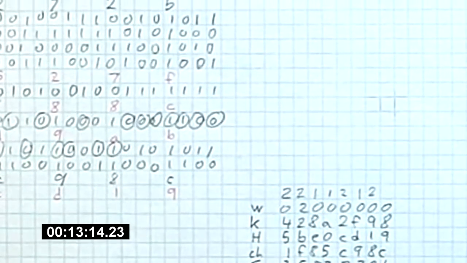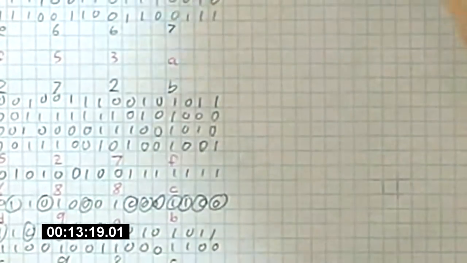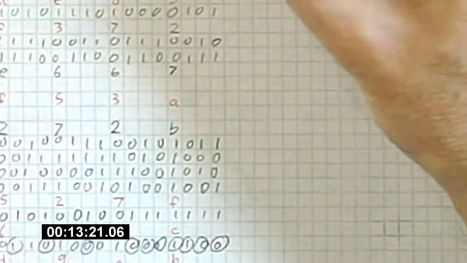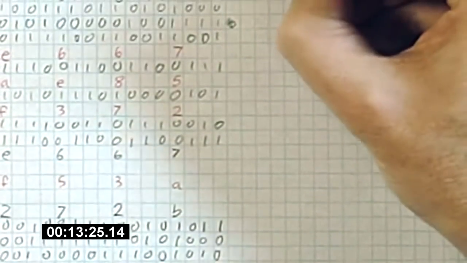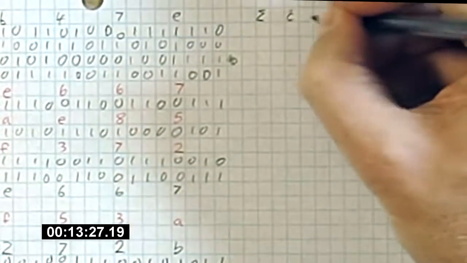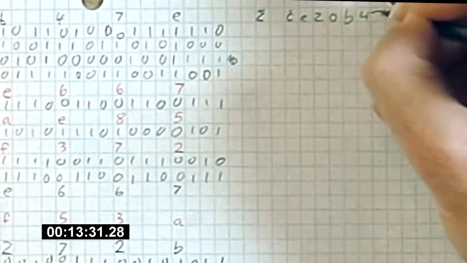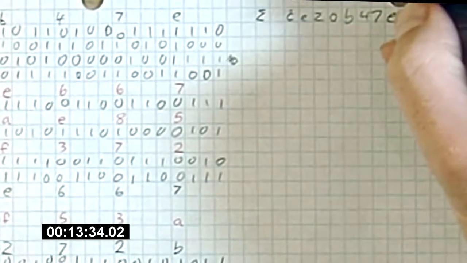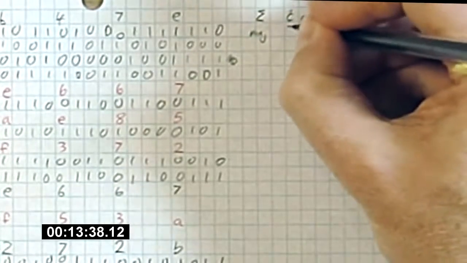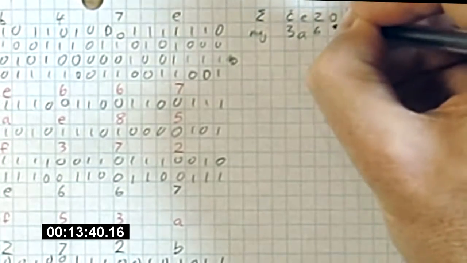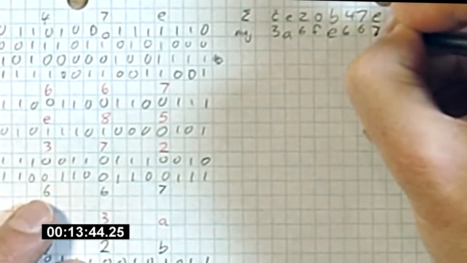Next, we go up to compute our new A value. We add three things here. We start with the sum we computed earlier, which was CE20B47E. And we take the majority value we calculated from A, B, and C. That's 3A6FE667.